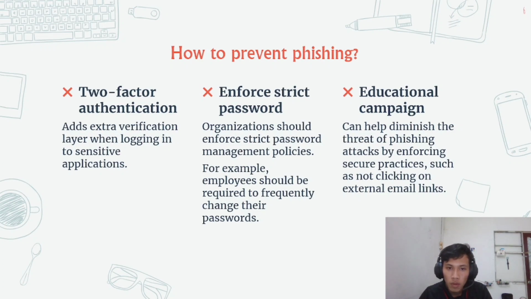For example, employees should be required to frequently change their passwords. And lastly, educational campaign. By doing a lot of educational campaigns, it can help diminish the threat of phishing attacks by enforcing secure practice such as not clicking on external email links.